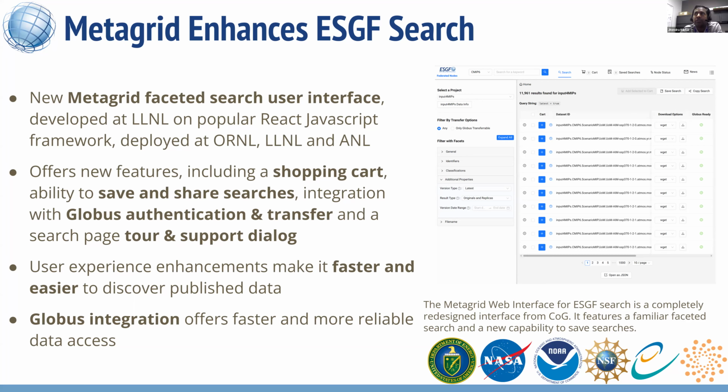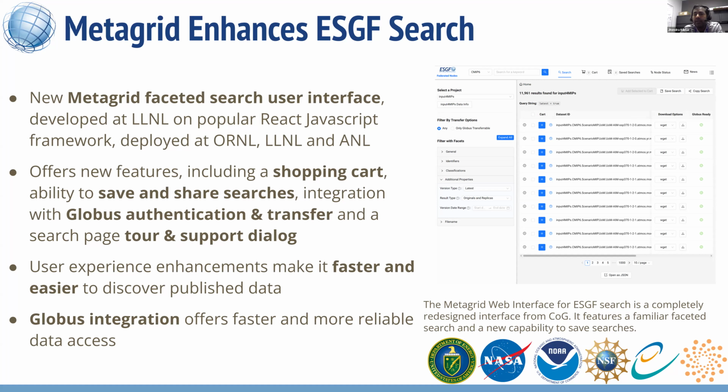The underlying changes in the index technology and the search technology that we have enabled are all integrated within this web UI. So now it offers things like a shopping cart, so you can download the data without any authentication, but you have an option to authenticate.